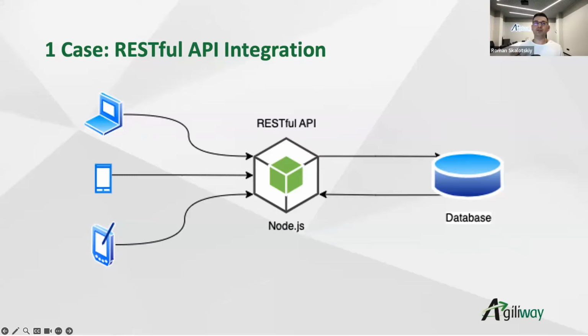Therefore, it's very useful that developers can use the same language on the front end and back end. It will be easier for a developer to figure out if there is some problem on the front end or back end.